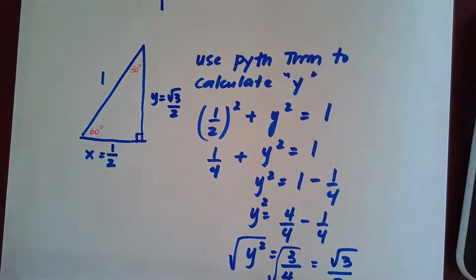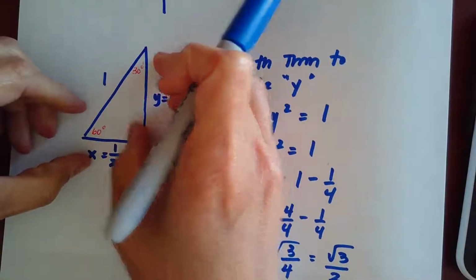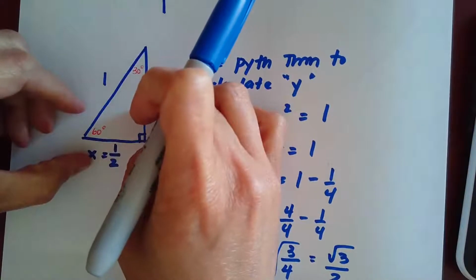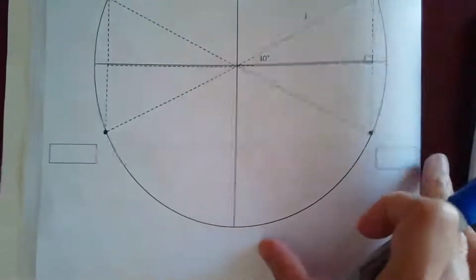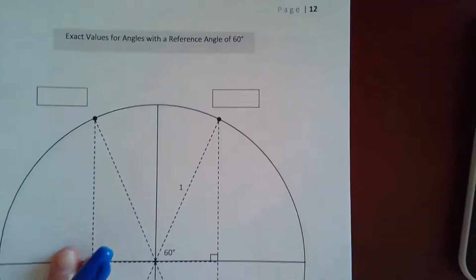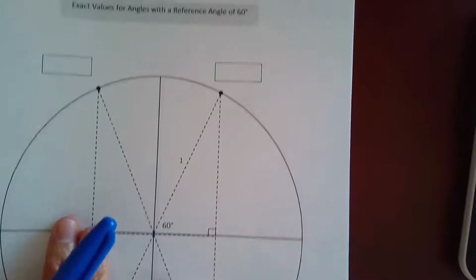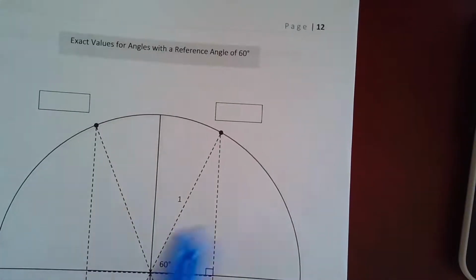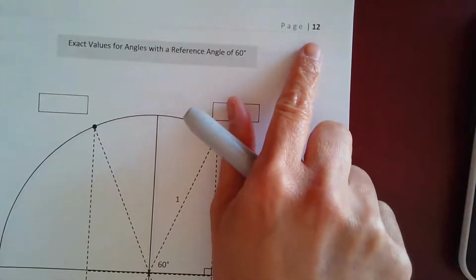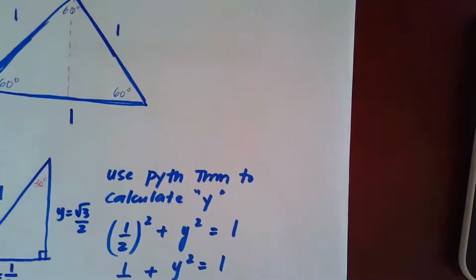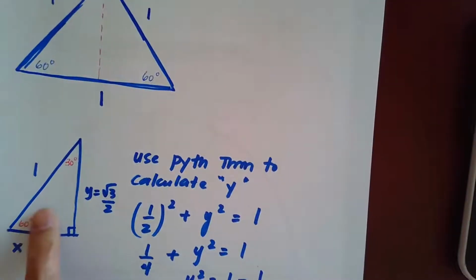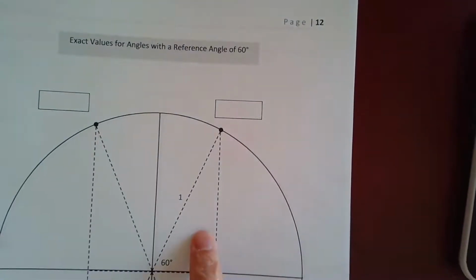Okay, so let's physically take this picture and put it right. I'm actually going to go to page 12, because that's a 60 degrees here. So I'm taking this 60-degree triangle that we created over here and putting it right there.